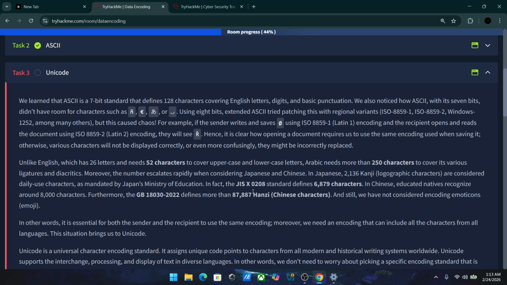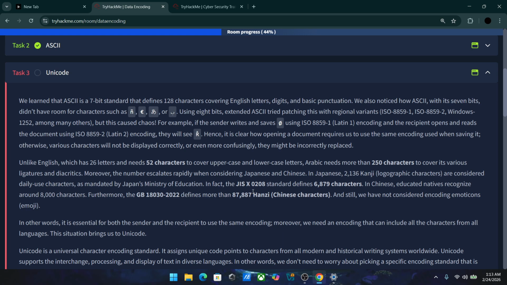Using 8 bits, extended ASCII tried patching this with regional variants: ISO 8859, Windows 1252, among many others, but this caused chaos.